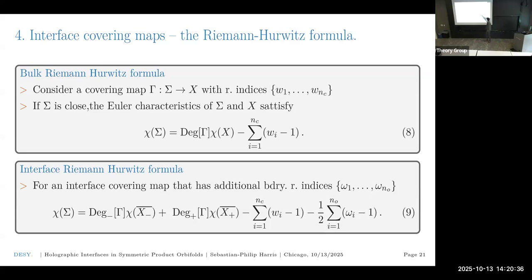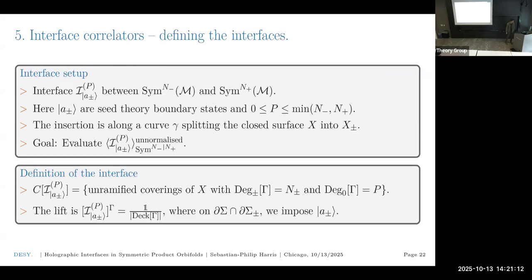So in our paper, we also prove some generalization of the Riemann-Hurwitz formula for our interface covering maps, which relates the Euler characteristic of sigma to the Euler characteristic of these two halves, X minus and X plus, the ramification in the bulk, and these omegas as defined through this boundary ramification. And okay, this will not play an explicit role anymore in the talk, but it's implicitly behind the results that I show you because it's a useful tool in many computations.